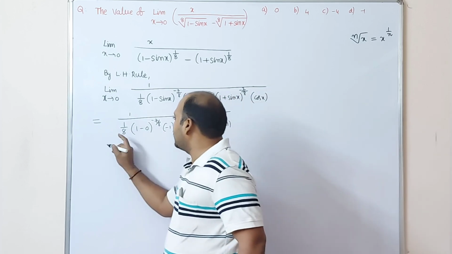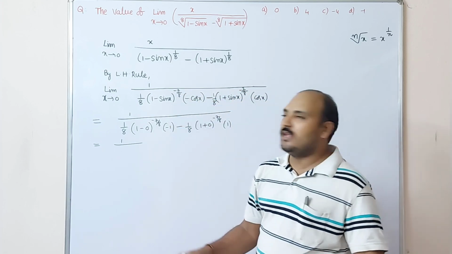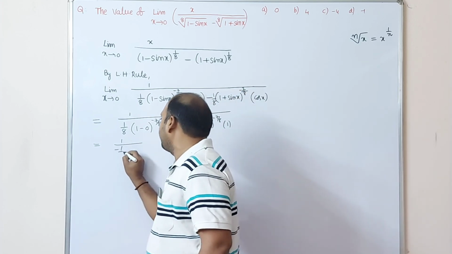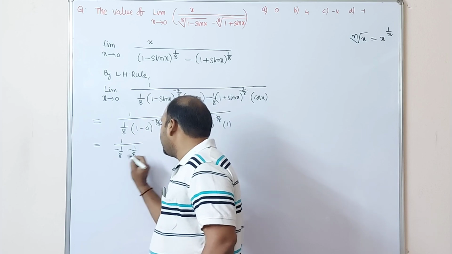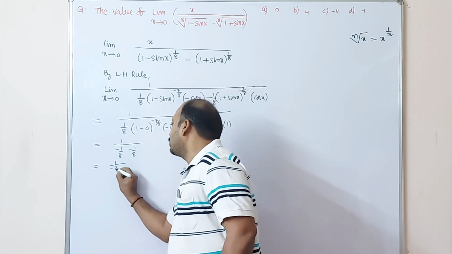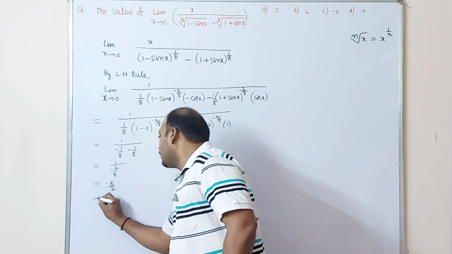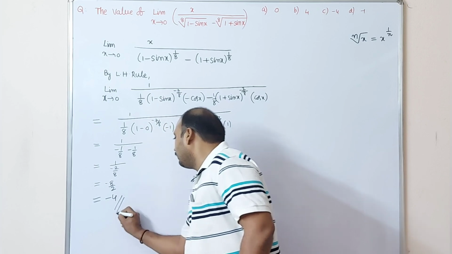So minus into plus is minus, 1 power anything is 1 only. So minus 1 by 8 minus 1 by 8 which is equal to minus 2 by 8, which is equal to minus 8 by 2, which is equal to minus 4.